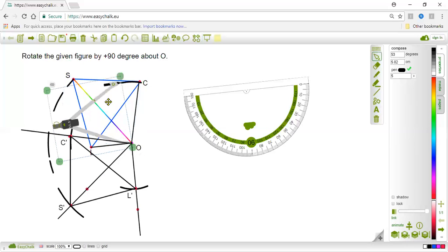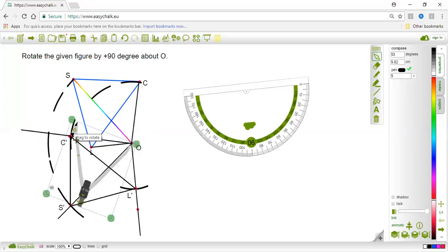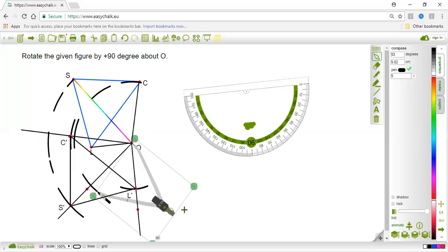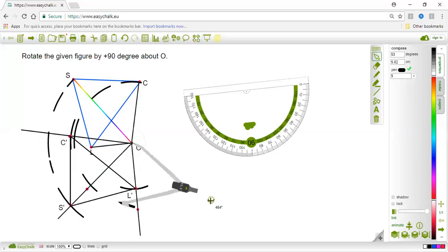Here I am just going to connect. Let me just connect these points C and C dash like this. This is just the point C dash.